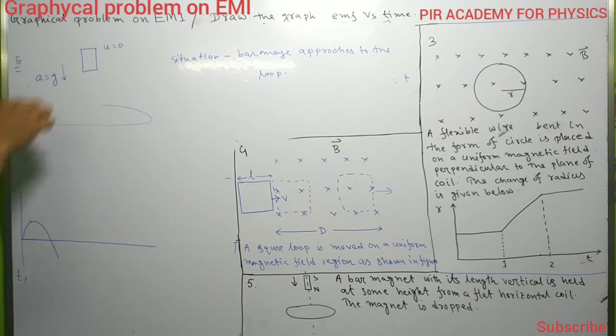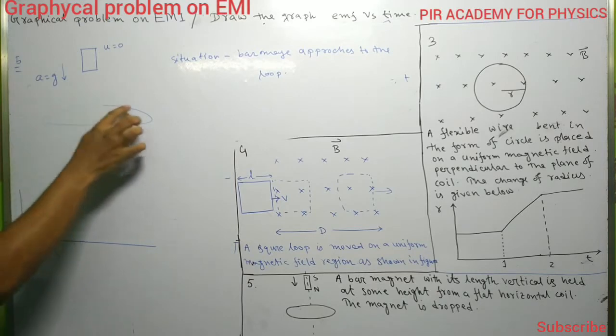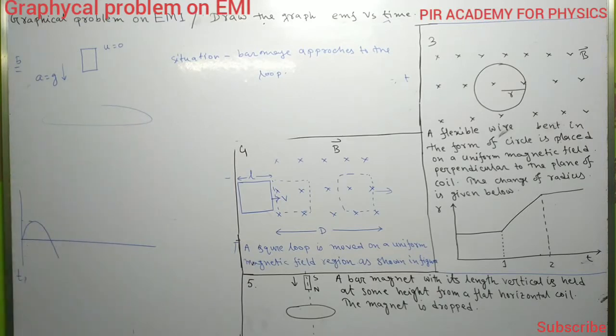So when this bar magnet moves towards this loop, there is a change in magnetic flux, so the induced EMF is generated.